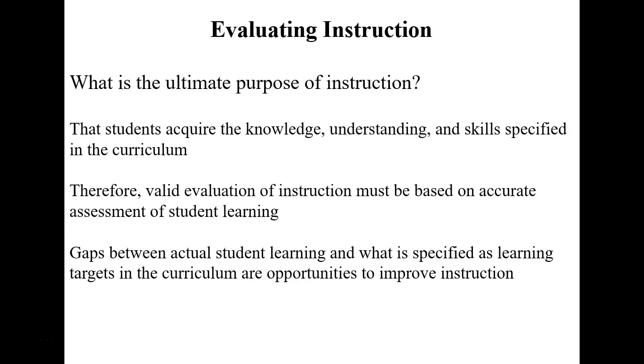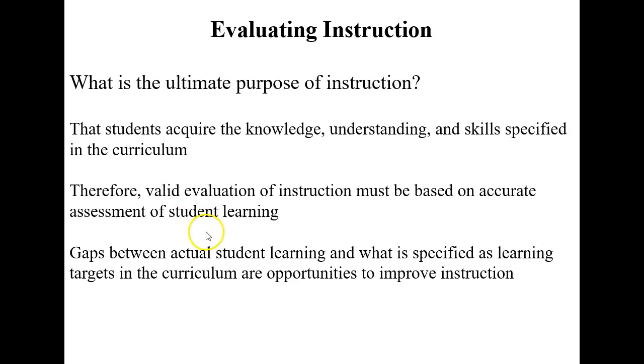And those become opportunities to improve instruction. So instruction is only effective to the extent to which students actually acquire the knowledge, understanding, and skills that are specified. And so it's not a matter of a good or a bad teacher. It's a matter of effective or ineffective instruction.